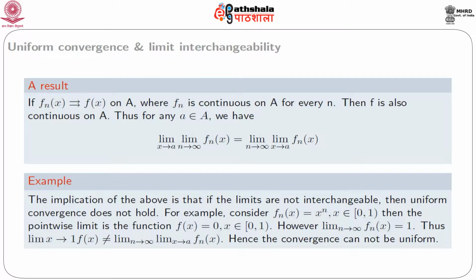Formally, if f_n(x) converges uniformly to f(x) on A, where f_n is continuous on A for every n, then f is also continuous on A, and for every a belonging to A, the limit as x tends to a of the limit as n tends to infinity of f_n(x) is the same as the limit as n tends to infinity of the limit as x tends to a of f_n(x).